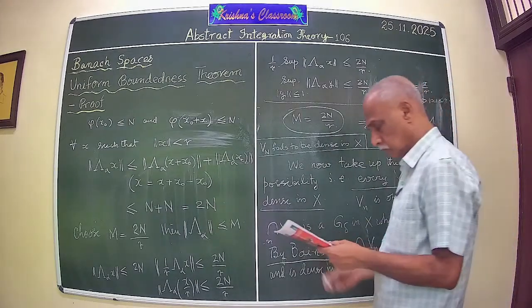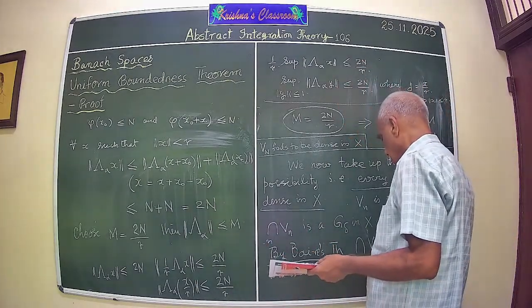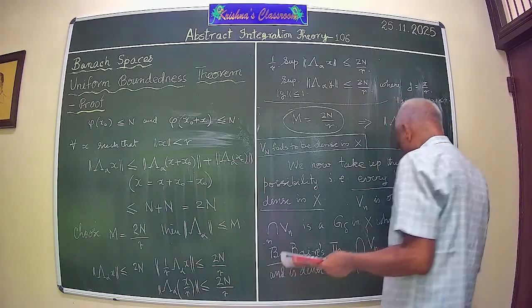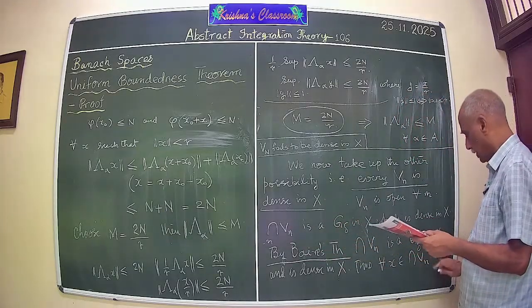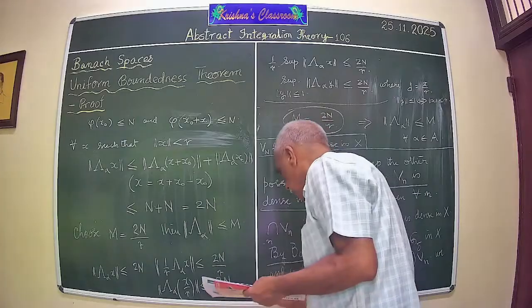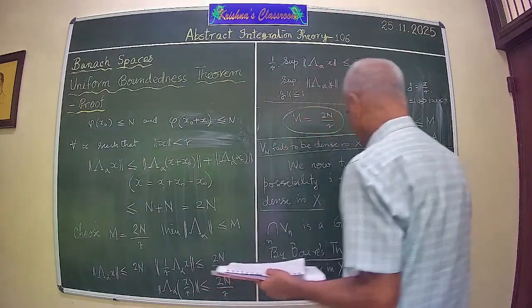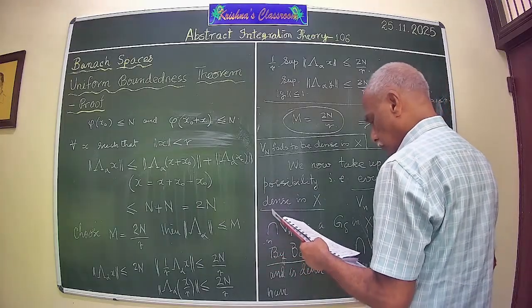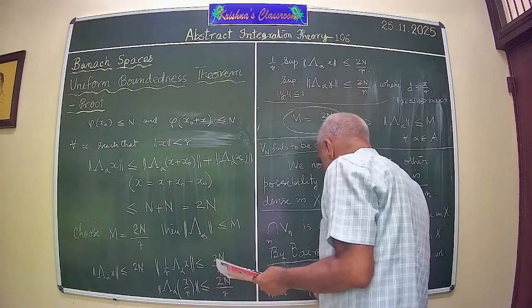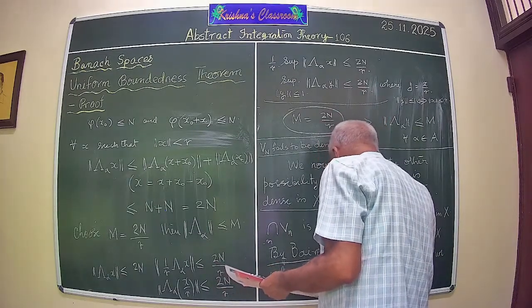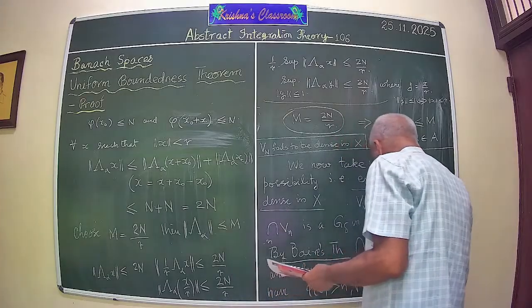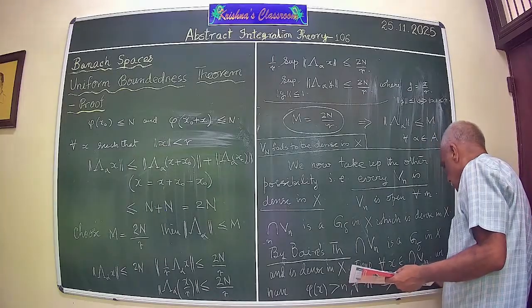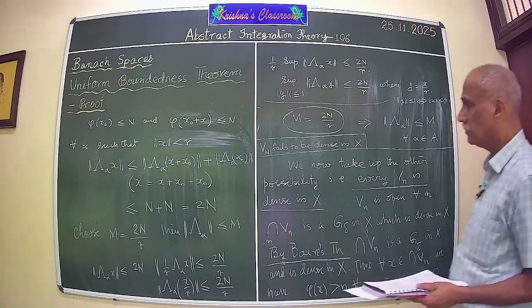Okay. Thus for every x in the intersection Vn we have phi x equal to infinity. What is phi x equal to infinity?